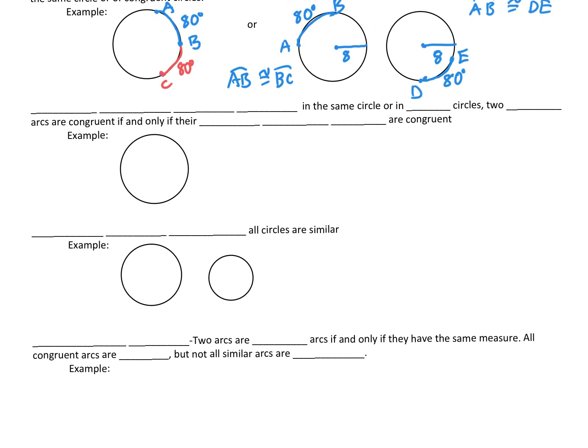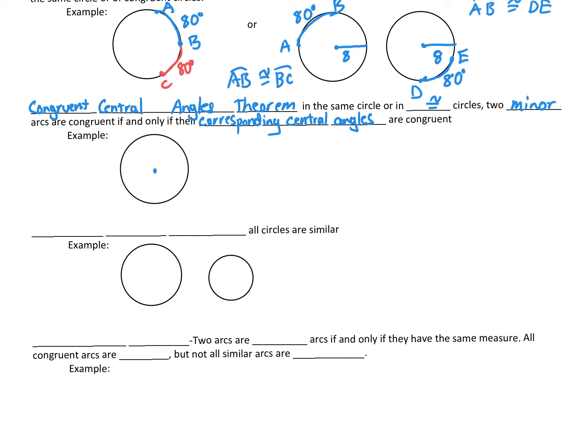Next is the congruent central angles theorem. It basically says that in the same circle, or in congruent circles, two minor arcs are congruent if and only if their corresponding central angles are congruent.